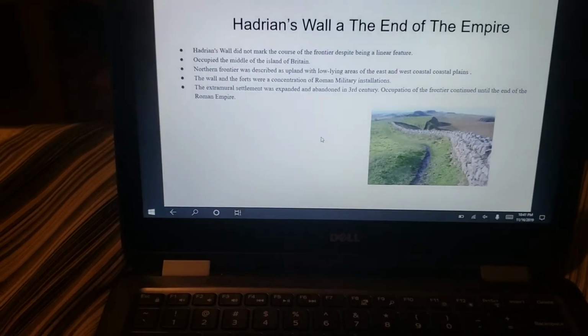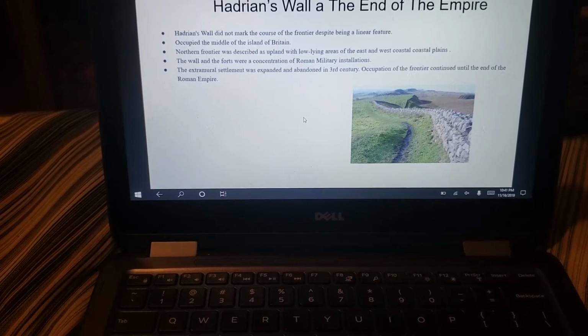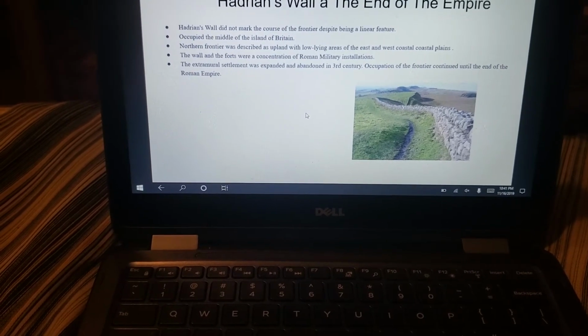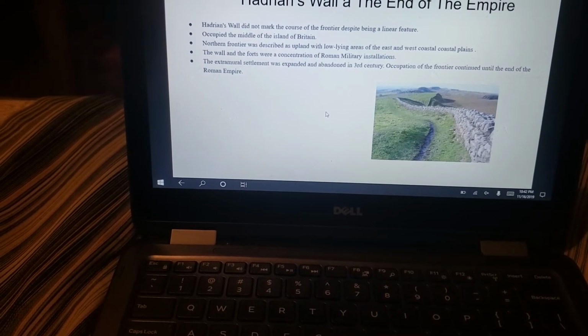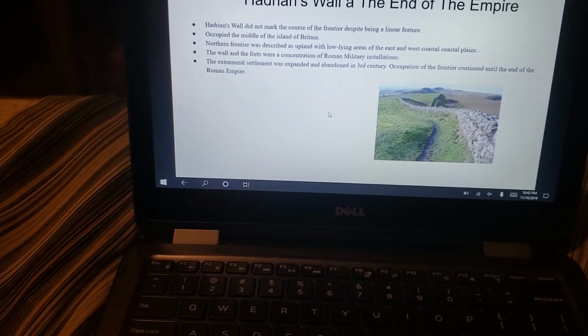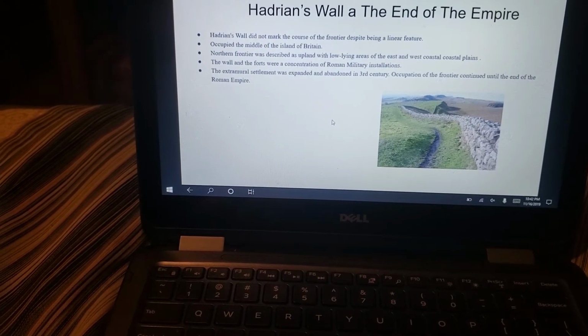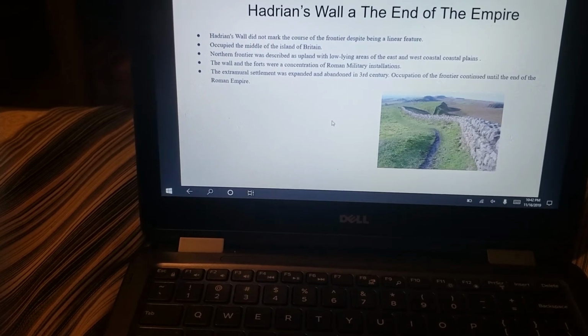It occupied the middle of Britain, and the northern frontier was described as upland and low-lying areas of the east and west and coastal plains. The wall and the forts were a concentration of Roman military installations, and the extramural settlement was expanded and abandoned in the 3rd century.